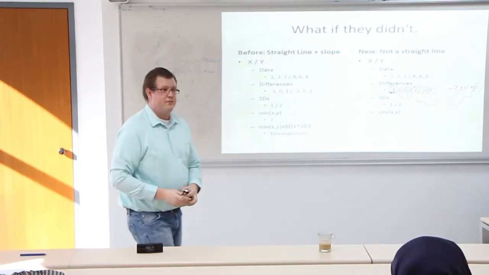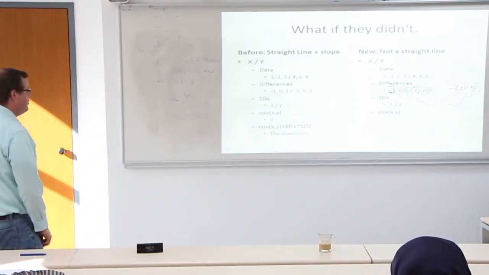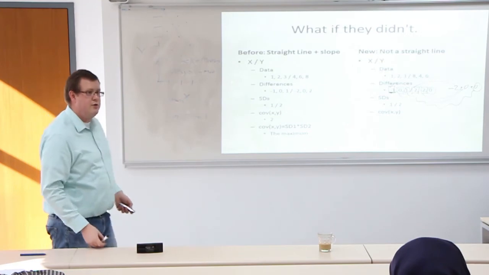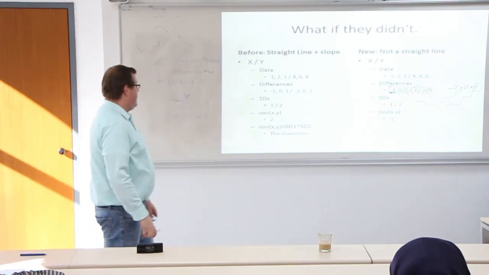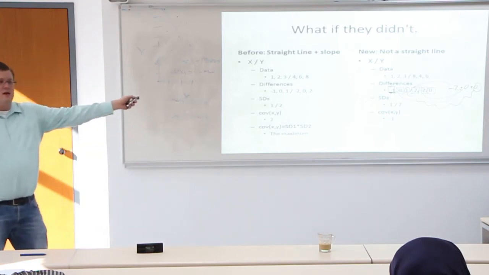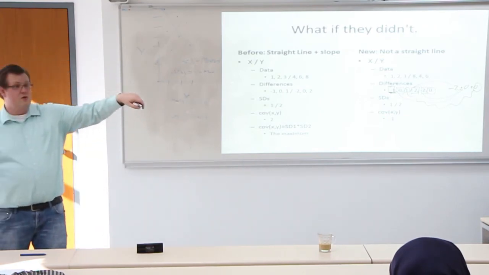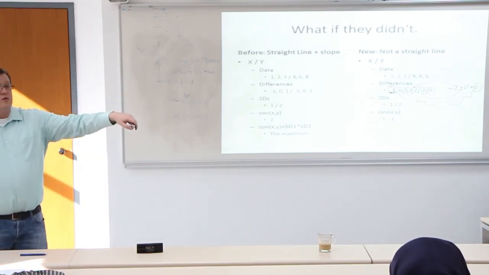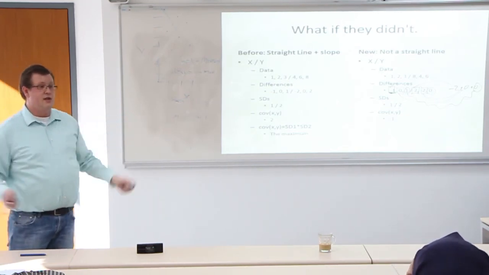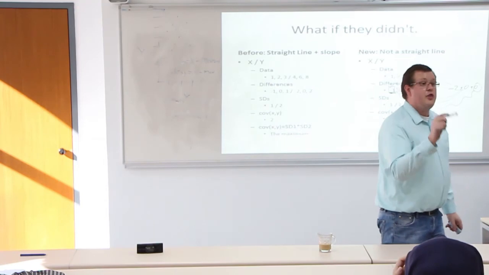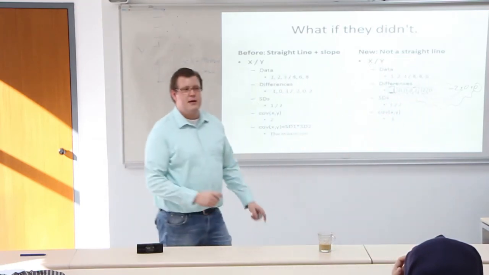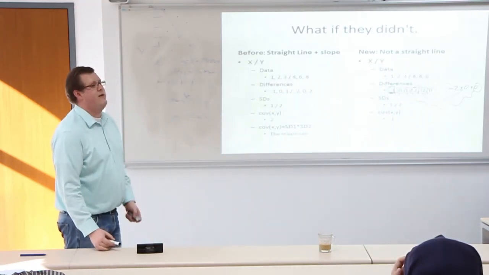Divide by 2 times 1. Divide by 2. Okay, so we have -2 divided by 2, minus 1. Yes, perfect. This is between -2 and 2, right? So you said it would be between 1 and -1? The correlation should be between 1 and -1, but we haven't got there yet.